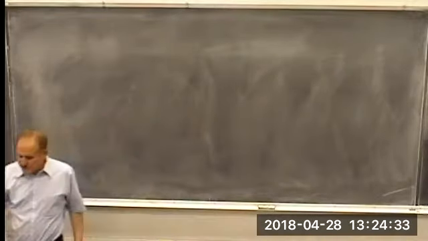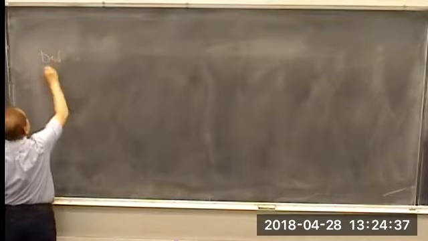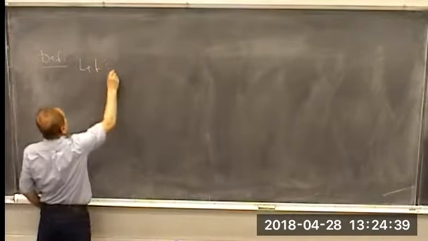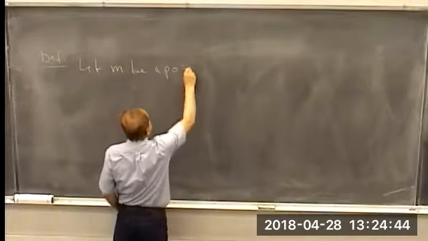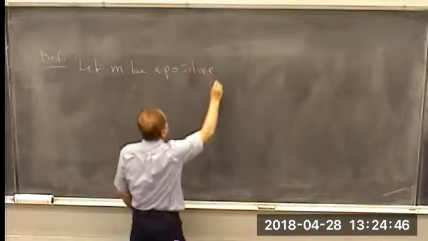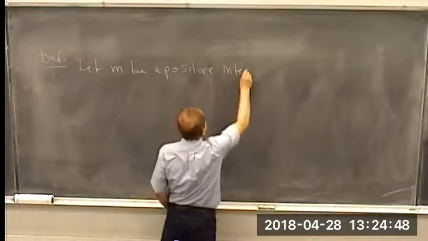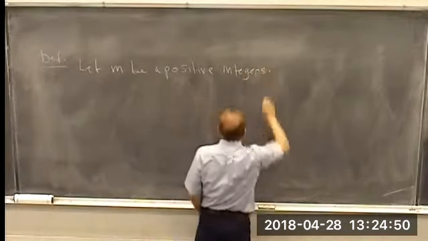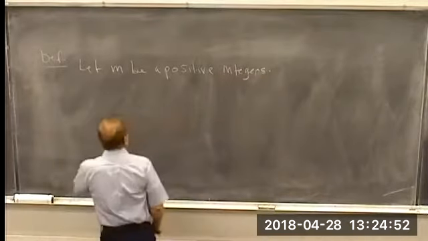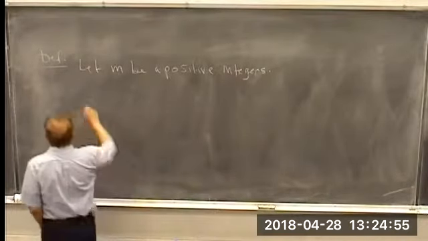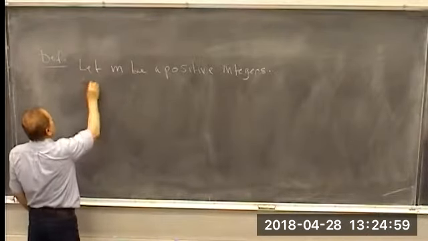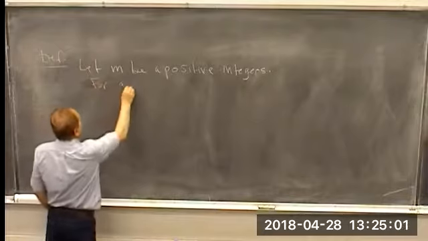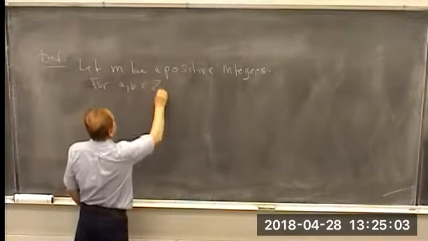All right, so here is the first definition. Let M be a positive integer, and let A and B be integers.